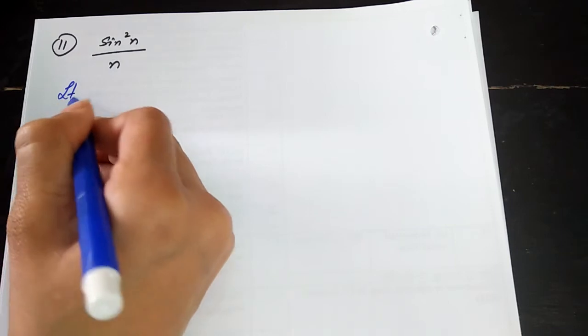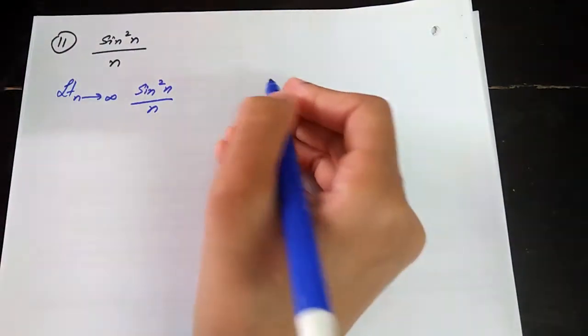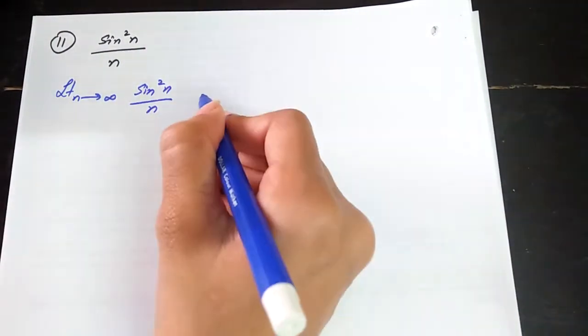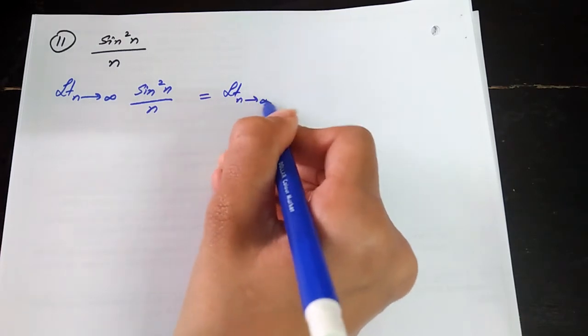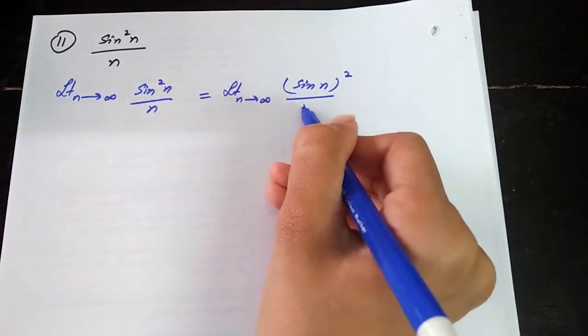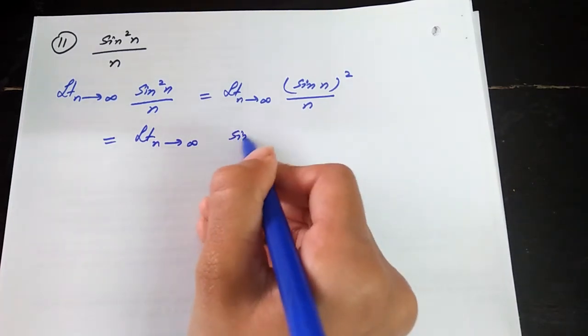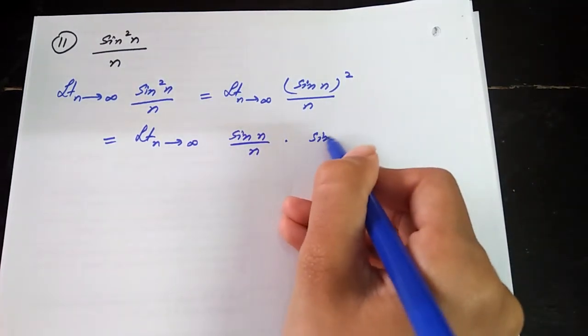Question number 11. Sine square of n over n. It will become the limit as n approaches infinity of sine square of n over n. It can be evaluated using two methods. One of the methods is as follows. We know that sine square of n can be written as sine n whole square over n, and it can be written as the limit of sine n over n into sine of n.